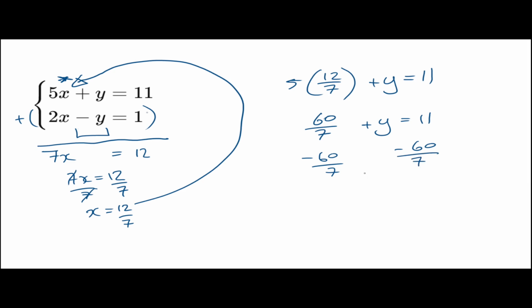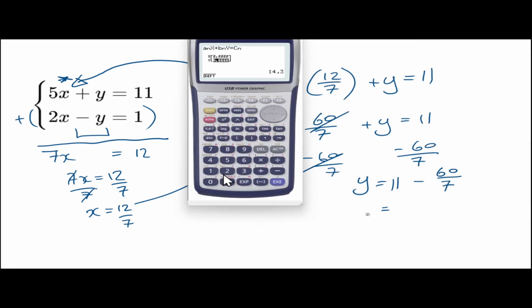They're going to disappear, and y is going to be equal to 11 minus 60 over 7, which is 17 over 7.